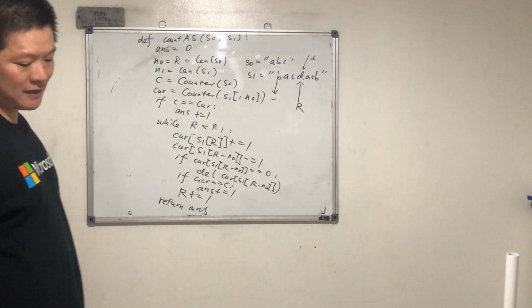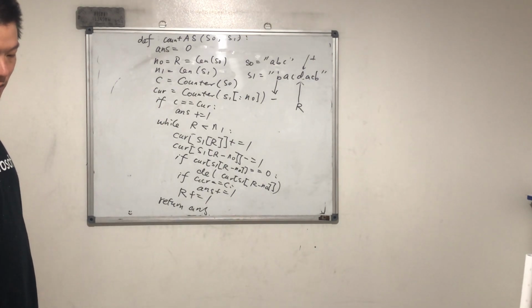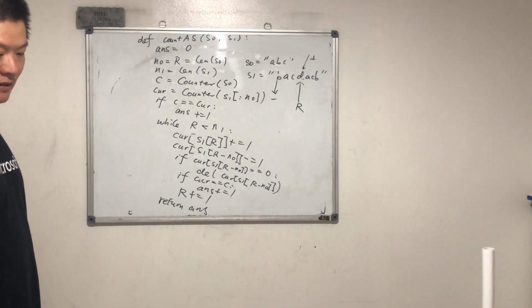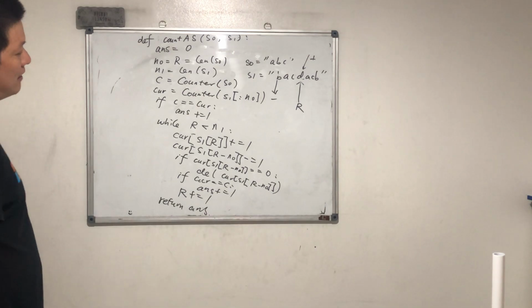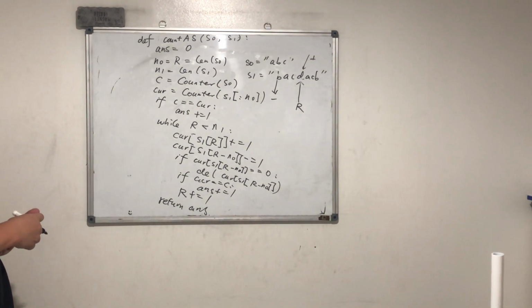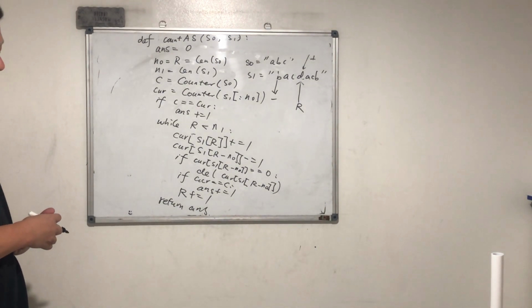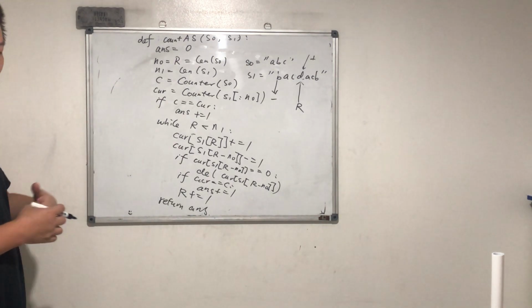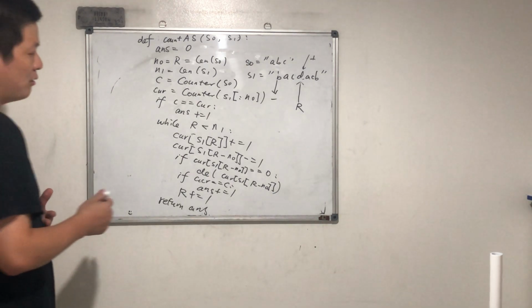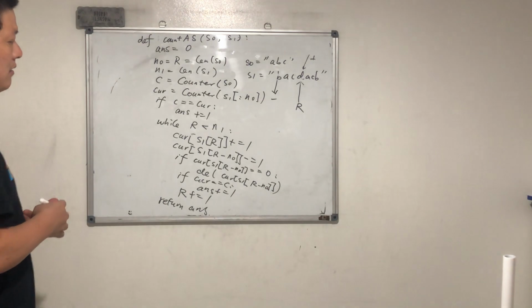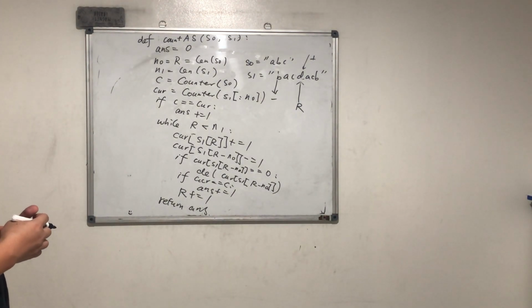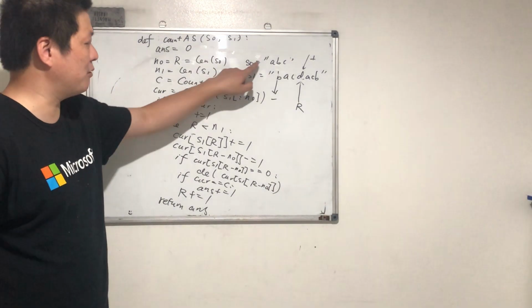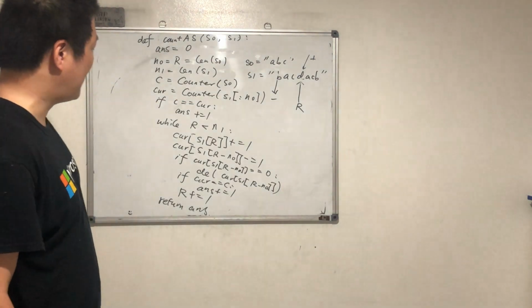And then, what's the space complexity? Any space we're using, don't just guess. The counter. This counter S0 has length N0. And what's this space?